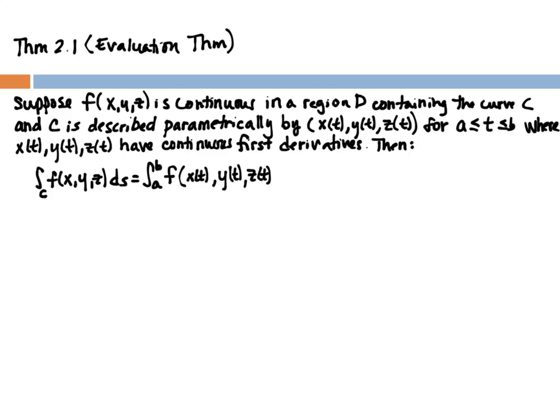And the z of t gets multiplied by a portion that's coming from the arc length. So this is x prime of t squared plus y prime of t squared plus z prime of t squared, all underneath the square root, times dt.